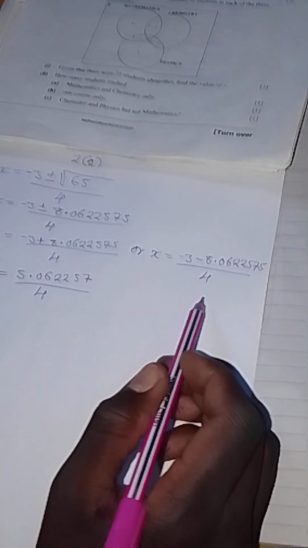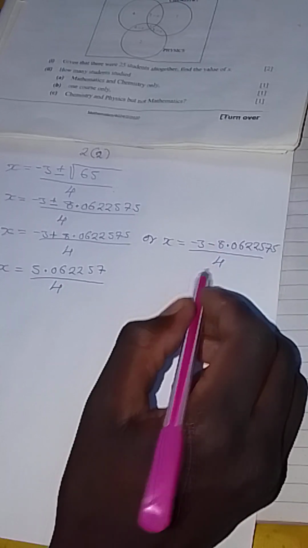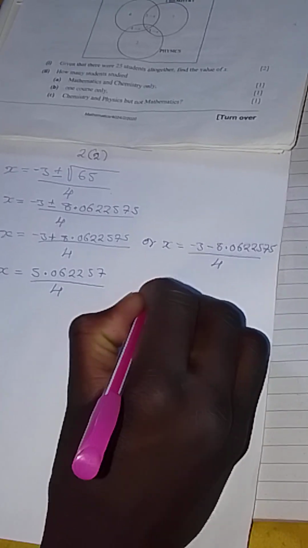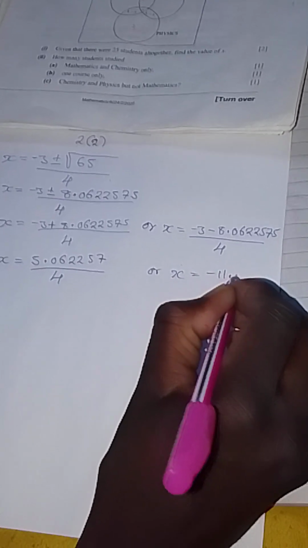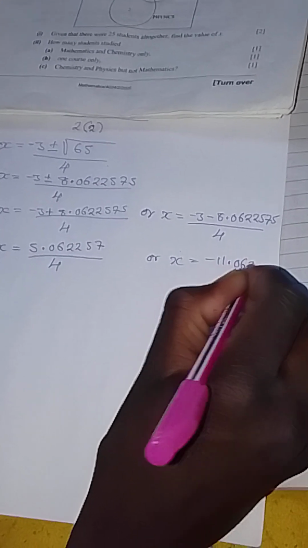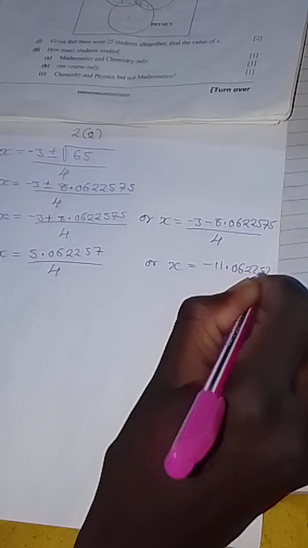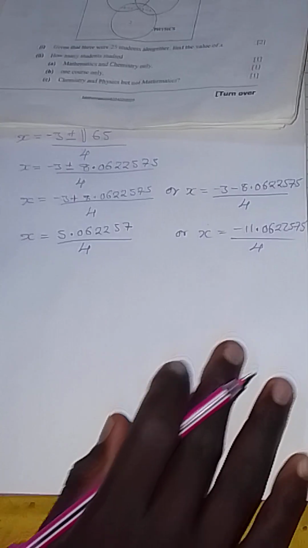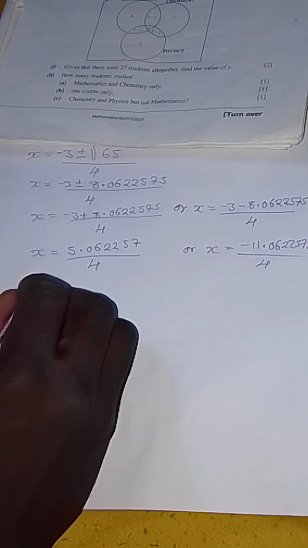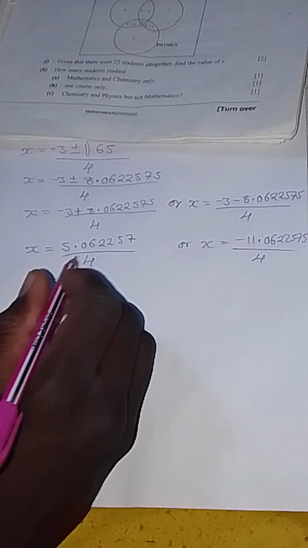Then this side, -3 minus 8.0622575 will give us x = -11.0622575 over 4.